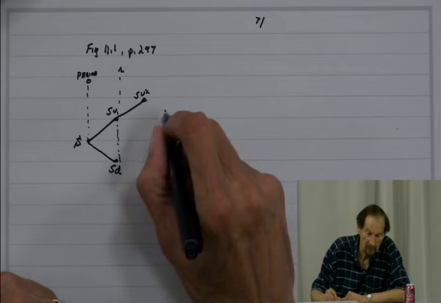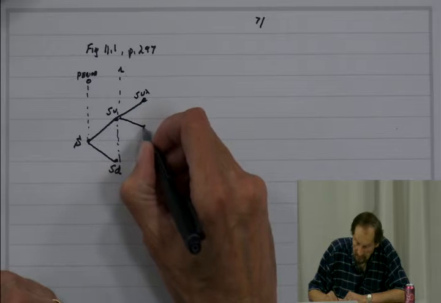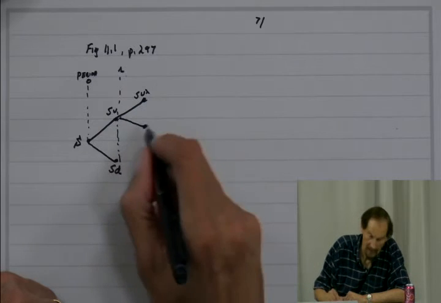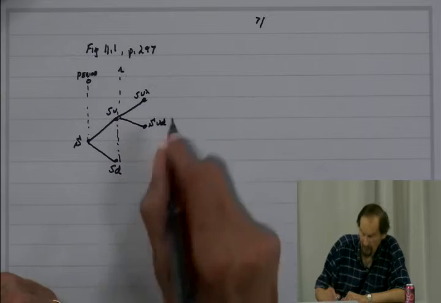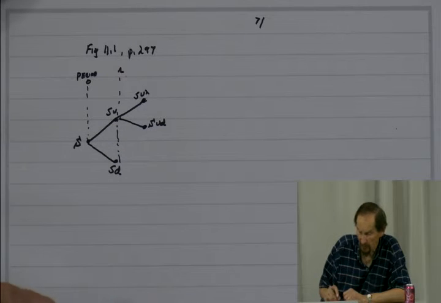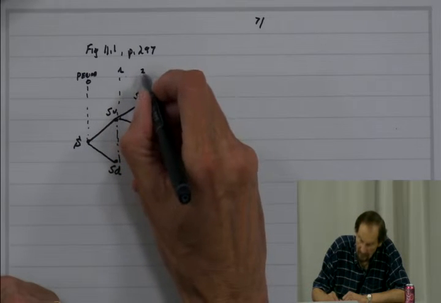Or we could go down to SUD, because our first move was up, and now our second move is down. And so this is the end of period 2.